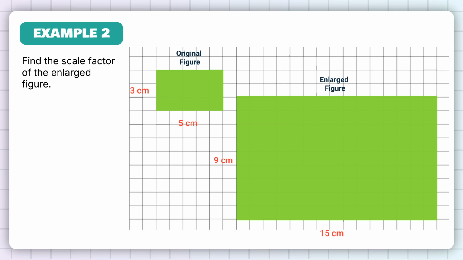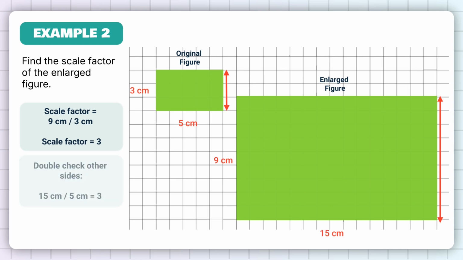Again, find the scale factor by comparing the lengths of corresponding sides. So to find the scale factor, we do 9 centimeters divided by 3 centimeters. The scale factor is equal to 3. Verify this with the other pair of sides. 15 centimeters divided by 5 centimeters equals 3. So the scale factor here is 3.